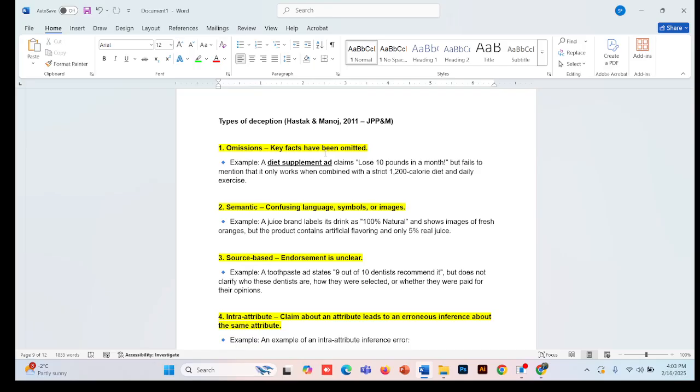Then the third one, source base or endorsement is unclear. They say in a toothpaste ad, 9 out of 10 dentists recommend it, but don't clearly clarify who these dentists are, how they were selected, and whether they were paid for their opinion. So they may claim that 90% dentists support it. They may have conducted a very small survey of only 10 dentists, and out of that 10 dentists, 9 recommended their product.